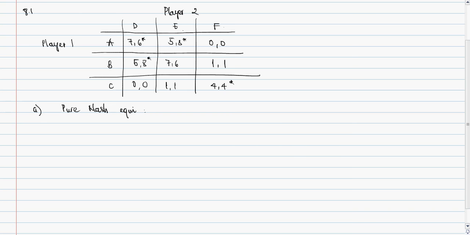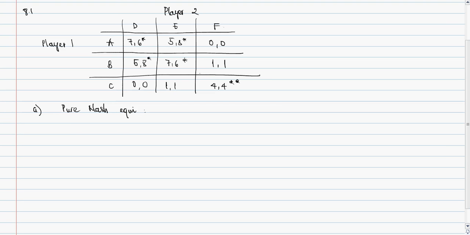If player 2 is choosing E, the best strategy for player 1 is choosing B because that gives him the highest payoff. And if player 2 is choosing F, the best strategy for player 1 is to choose C because that gives him the highest payoff. I'll put another star here.